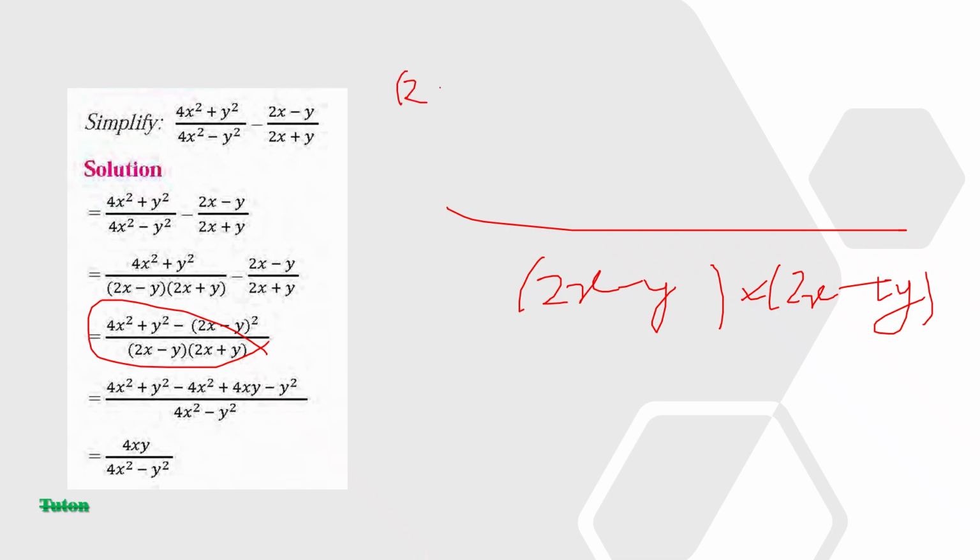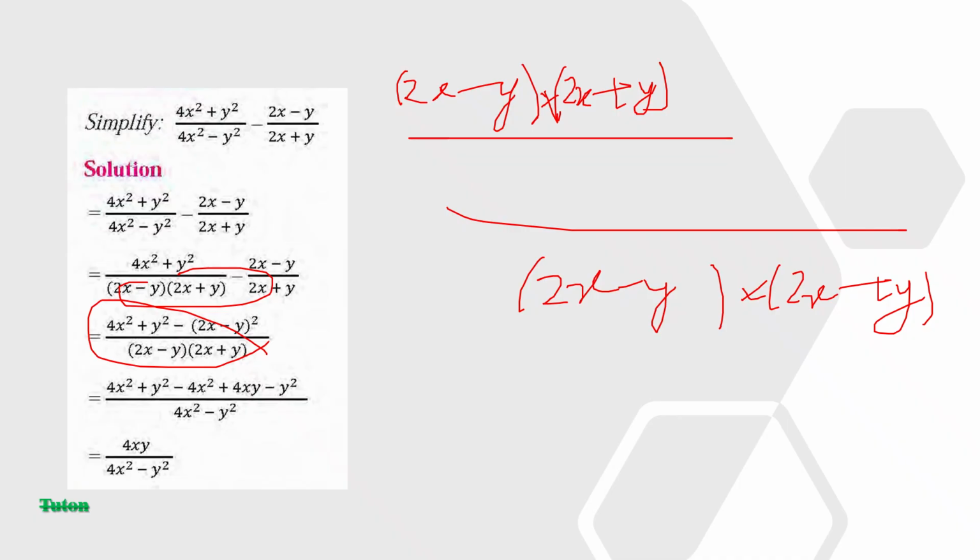We will first divide the LCM of the two fractions by the denominator of the first part, which would be 2x minus y times 2x plus y divided by 2x minus y.